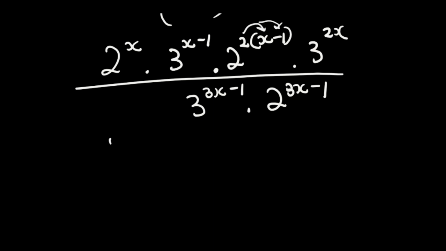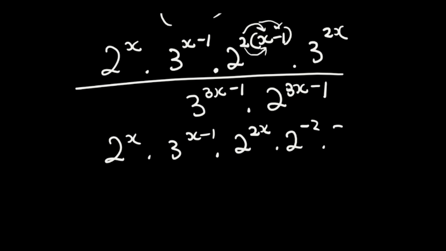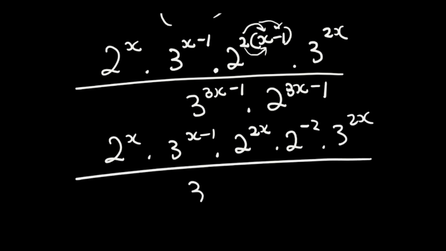So you will have 2 to the power of x multiplied by 3 to the power of x minus 1 multiplied by 2 to the power of 2x, because this 2 multiplied by this x gives you 2x, and then multiplied by 2 to the power of minus 2, multiplied by 3 to the power of 2x divided by 3 to the power of 3x minus 1 multiplied by 2 to the power of 3x minus 1.